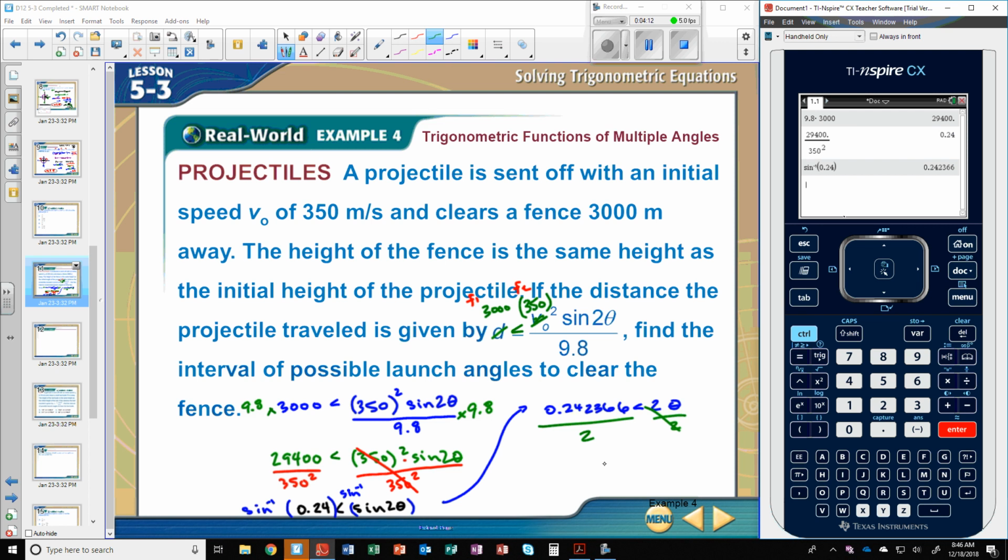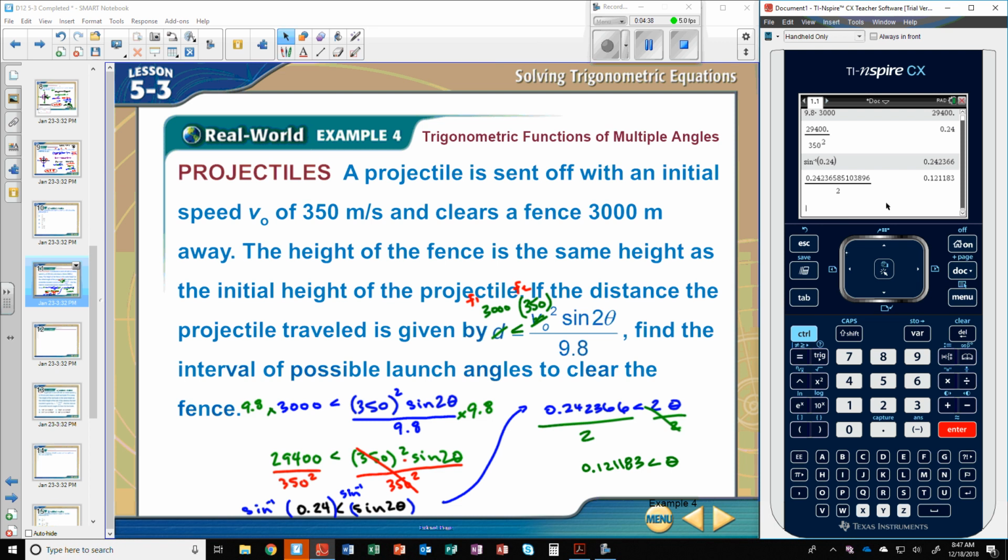I divide this by 2, and I get that theta has got to be, it opens towards theta. So let me write it over here so we don't get confused. Theta has got to be greater than 0.121183 radians. So that's the value we're looking for.